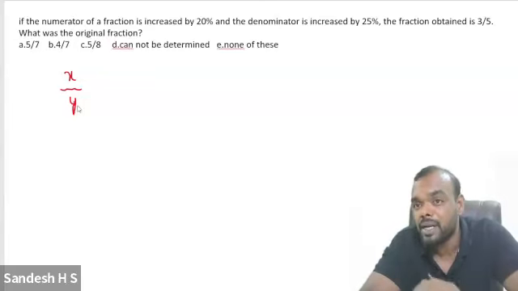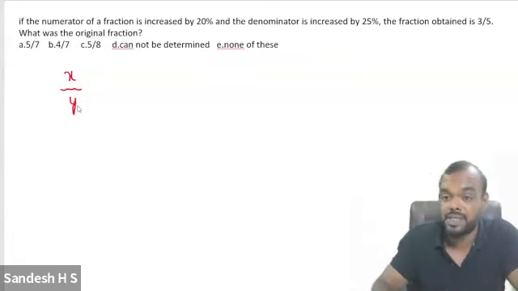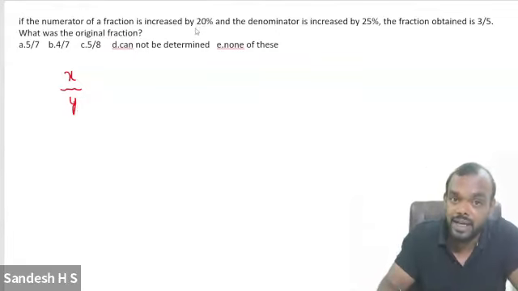Numerator increased by 20%. I gave you a tip in the beginning. x can also be written as what? Harsha, I think you gave the right answer. Let us see. 100% of x, right? Increased by 20% means that will become 120% of x.